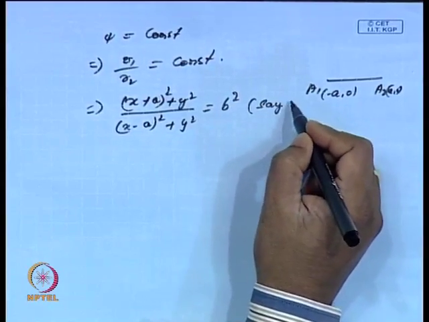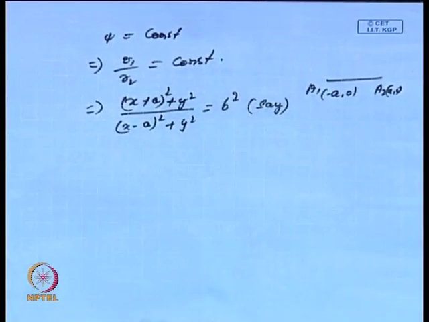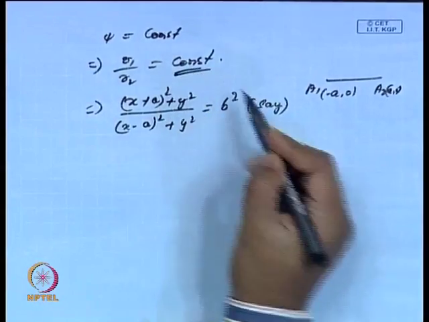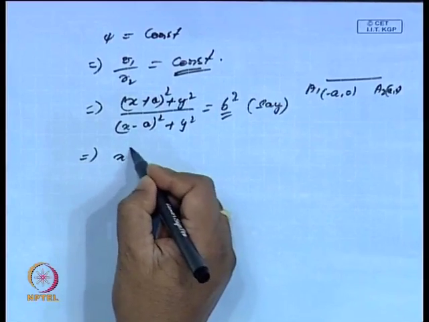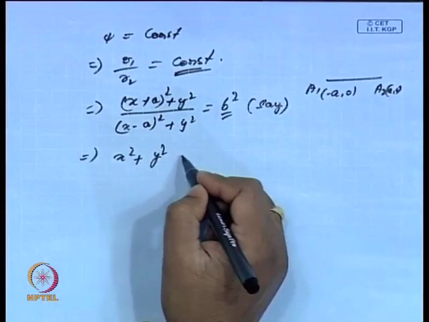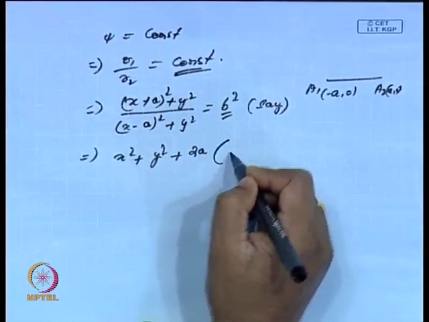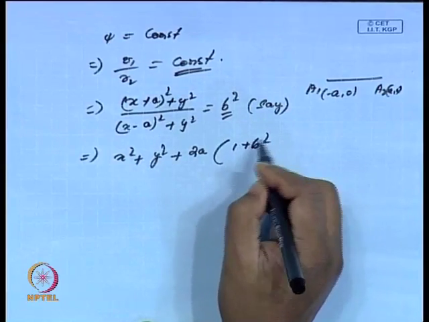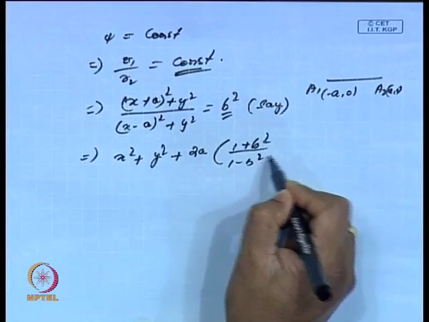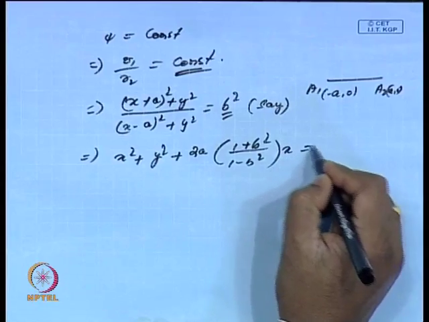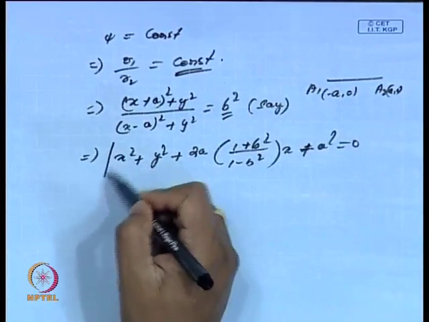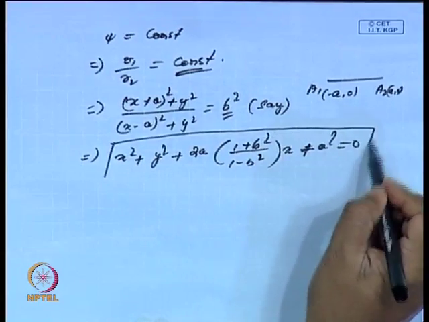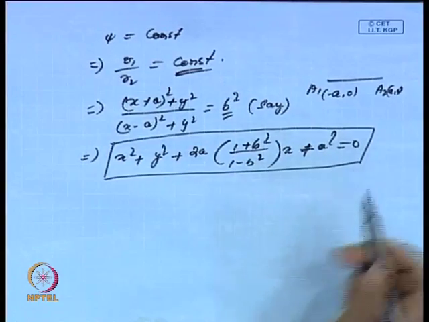If I simplify this, I get x square plus y square plus 2 a times 1 plus b square by 1 minus b square into x plus a square is equal to 0. For each b, I can get a streamline.